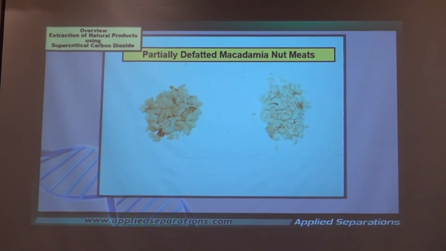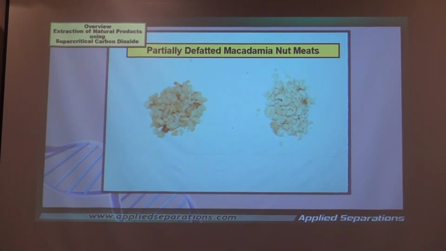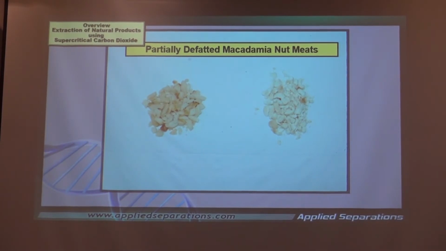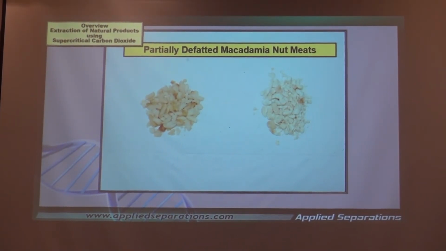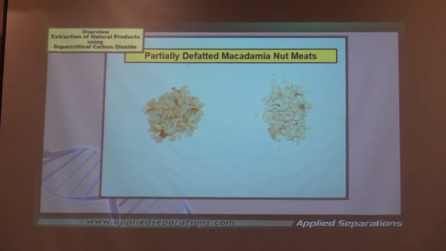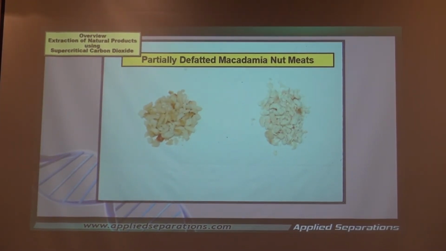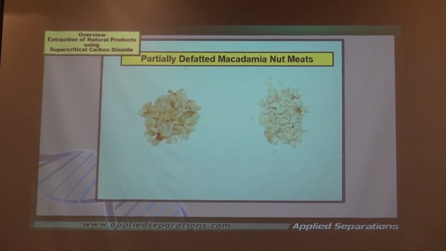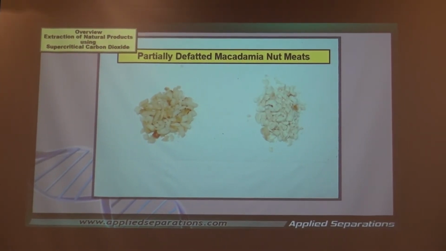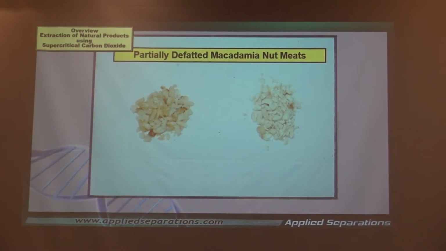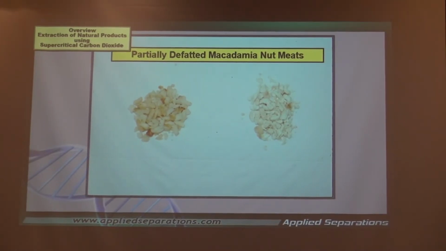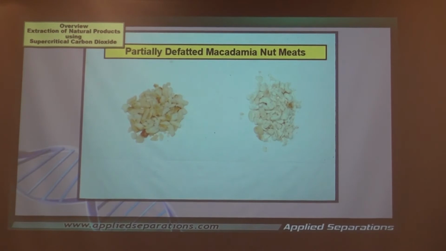You may be familiar, but any tree nuts work the same way, some to a greater or lesser degree. What's happening here is the company does a partial extraction of the oil in the nut. Now this is very clever. You take only some of the oil out.